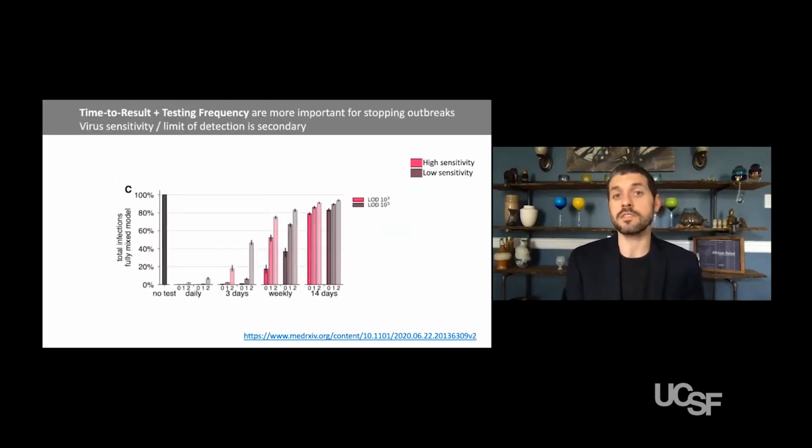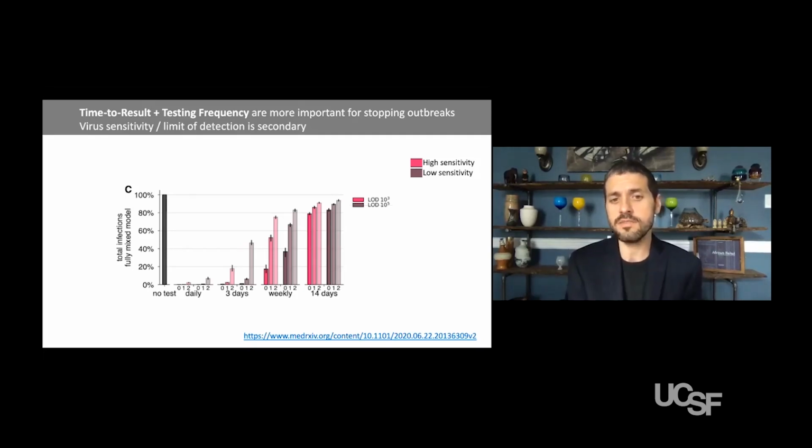We can also look at the turnaround time of these tests. And what we see is that in terms of turnaround time, where I have, again, the frequency of testing as the big groupings, daily, 3-day, weekly, or 14-day. But then the 0, 1, and 2 is how long does it take to get the result back? And that's very important here because a lot of testing, when we did this, we hadn't even had it in our minds that we might have test results getting back to people 7 days later.